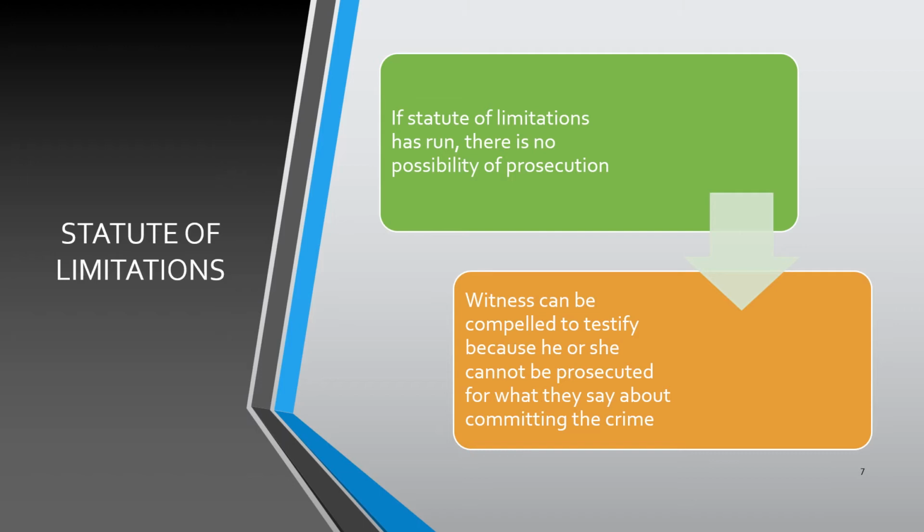In another example, the Supreme Court held in the United States versus Balsys that there is no privilege against self-incrimination for a person who refused to answer questions about wartime activities during World War II because the statute of limitations had run. Here, it is important to note that the refusal to give testimony not protected by the privilege against self-incrimination can land a person in prison for criminal contempt of court.